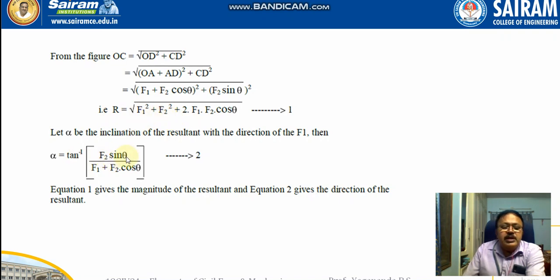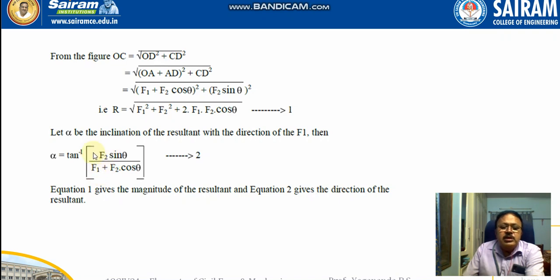If theta is 90 degree, sin 90 is equal to 1. So this becomes F2 into 1 divided by F1 plus F2 cos theta. Cos 90 is 0, so I have in the numerator F2 divided by denominator F1. So alpha is tan inverse of F2 by F1.